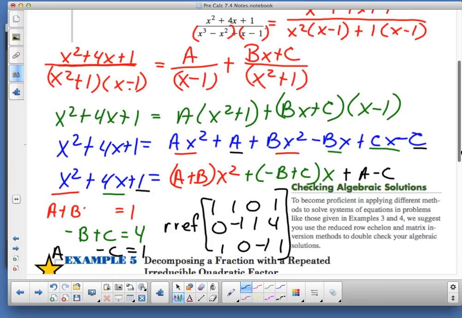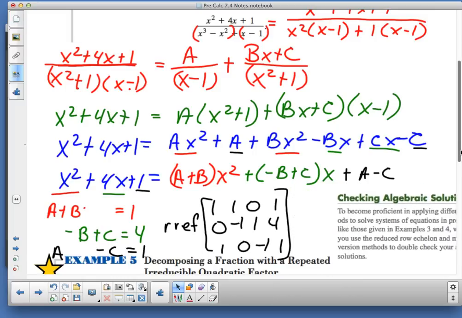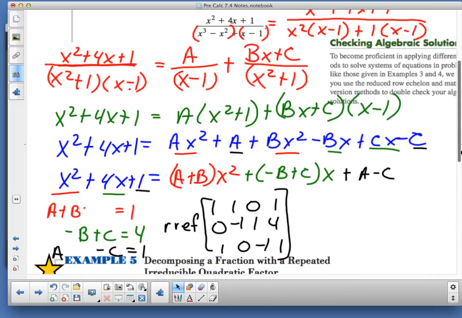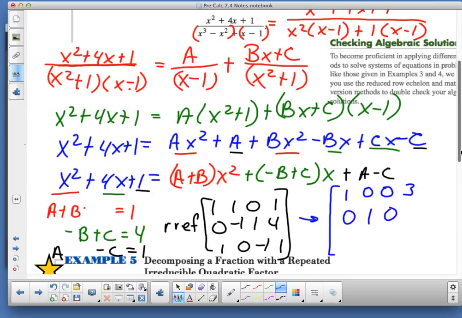I'm going to put that in reduced row echelon form, and my final answer will come out in my calculator: 1, 0, 0, 3; 0, 1, 0, negative 2; and 0, 0, 1, 2 for my solution here. So that means A is 3, B is negative 2, and C is 2.